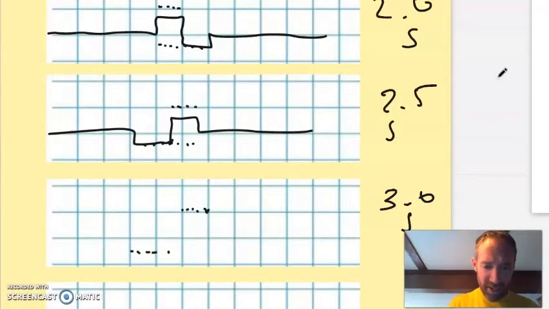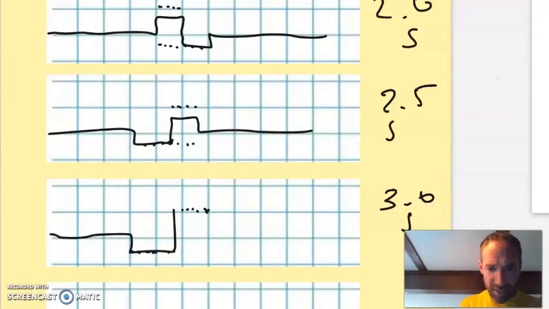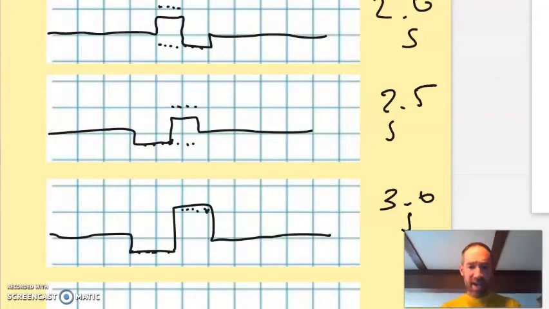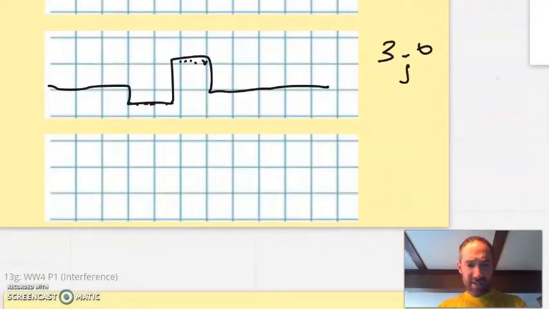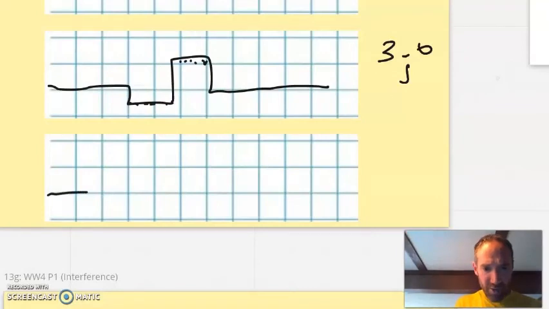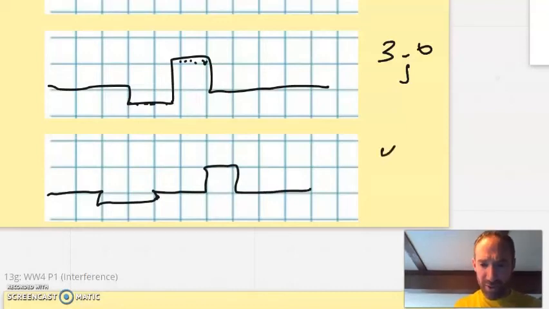And so we have something like this. There's my 3 seconds. And 4 seconds ought to be even easier. With 4 seconds, wave pulse 2 will be 1 block forward still, and wave pulse 1 will be 1 block forward still. 4 seconds.